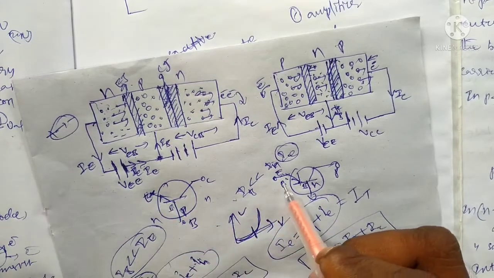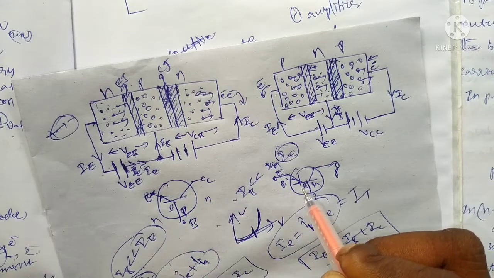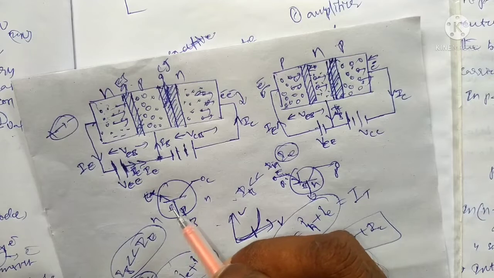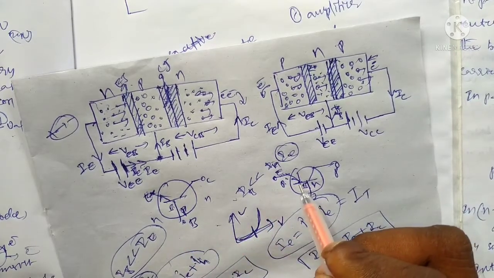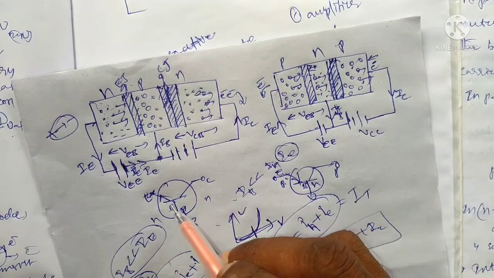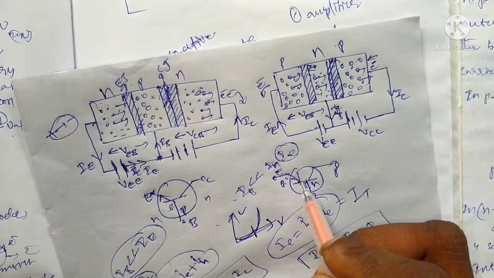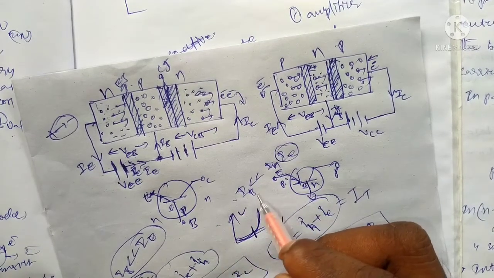Here it is the upward direction, here it is the downward direction. Compared to NPN and PNP, the only difference is the opposite current direction. This current direction is upward, here the current is downward.